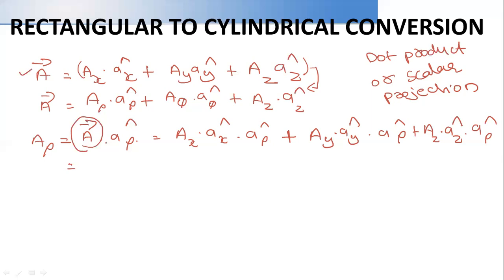What we have studied in dot product or scalar projection is that when we are taking the dot product with a vector in a particular direction, we are really projecting that vector onto that direction. So vector A, when it is taken dot product with a rho, it is coming in the direction of the cylindrical coordinate a rho. Clear?